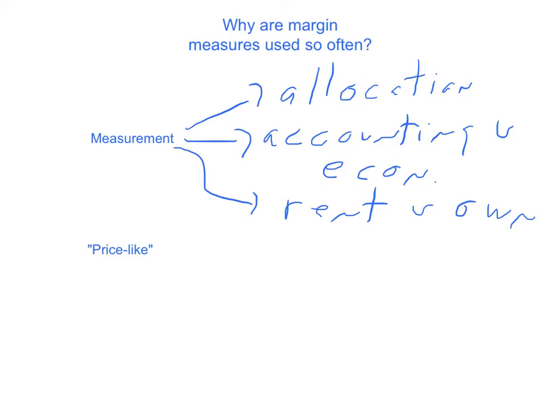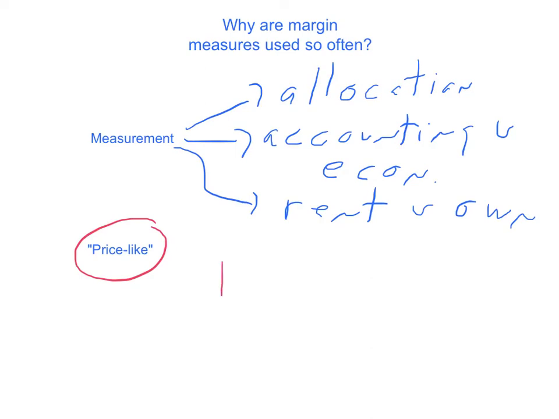The second issue that may affect things is what I will call price-like. Margin measures basically tend to look a lot more like prices than return on asset measures or rate of return measures. If I look at a gross margin, it's fairly common for a businessman to go out and say, I need to get a markup of at least 20% if I buy that product in order to make a go of it.